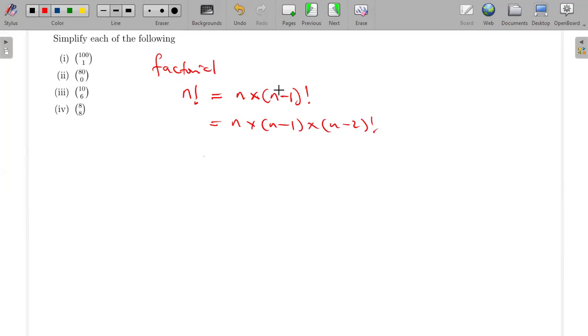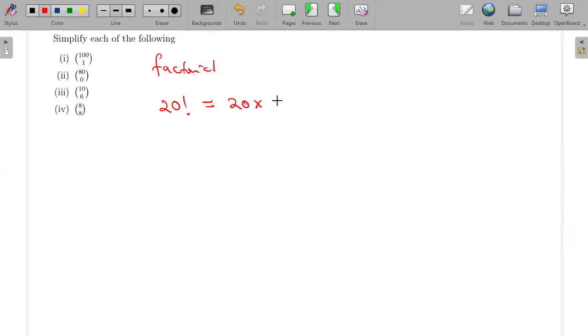Now, for example, if we have 20 factorial... maybe 20 is a big number. Let's use 5 instead.